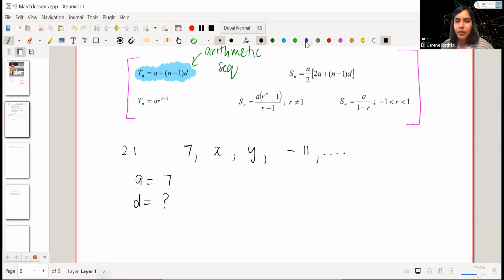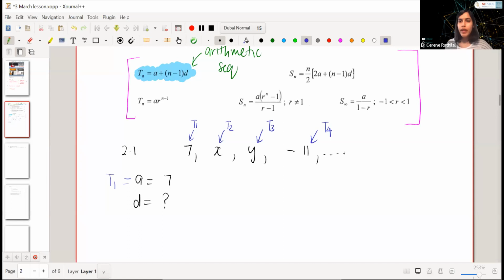Okay. What else do I know? So firstly, I know that this is T1. I know that this is term 2, T2. That is T3. And minus 11 is T4. So I have A equals 7, which is obviously the T1.